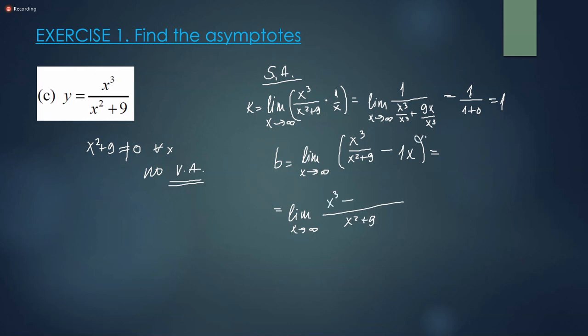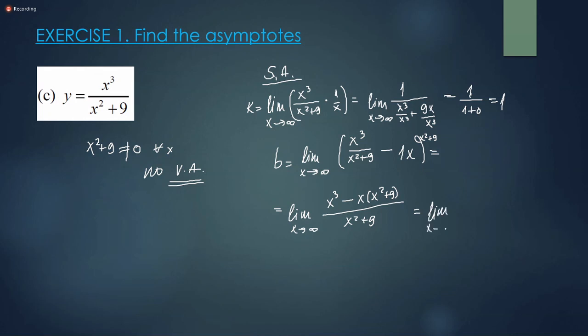You must multiply extra by x squared plus 9. So we have minus x times x squared plus 9, which is actually what you saw here. You had to multiply these as well.